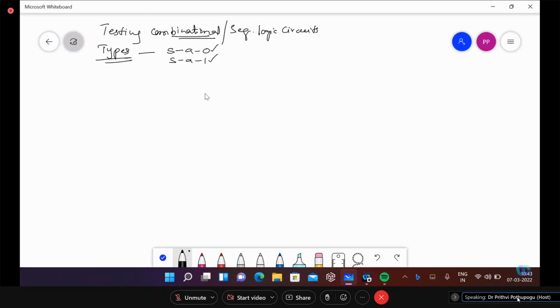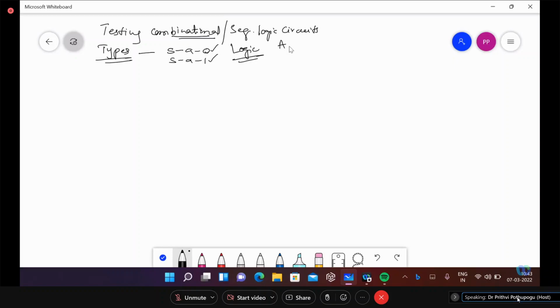Okay. So now, how many ways can you test them? How many ways can you test them? Different approaches we have seen. It depends on what logic you are using for testing these two.